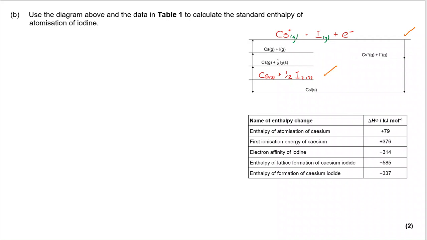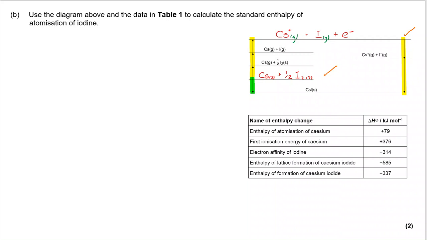I tend to find this is the most straightforward method, and it can help you to avoid losing that mark by getting the sign wrong at the end. So my two routes are yellow and green. You can see my arrows go up and then down, starting here and ending here. And following Hess's law, that's going to be equal to the green arrow, which is going in the opposite direction, but it's the same overall change.